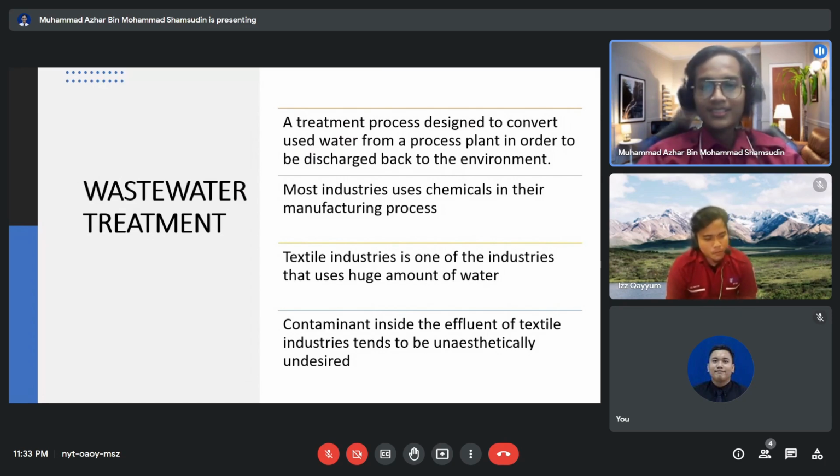The textile industry is one of the industries that uses a huge amount of water in its processing plant.